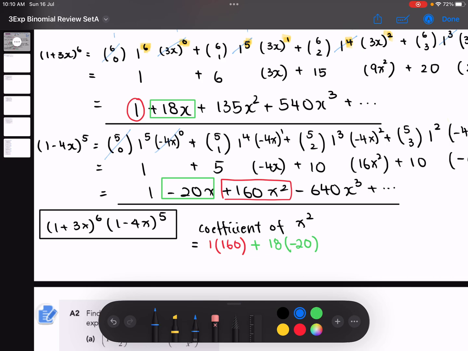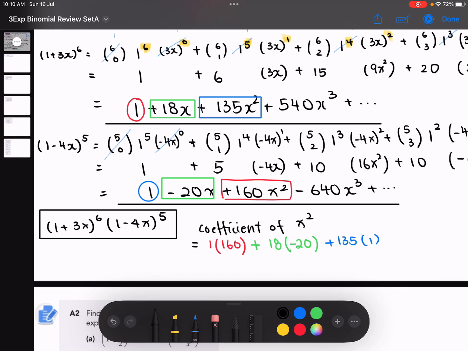Continue. If I pick my x squared, notice I am boxing up the sign also. I need to know whether the sign in front is a plus or a minus. If I'm choosing x squared term, I will be partnering it with the 1 from my constant term from the second expansion. So this one, I will be 135 times 1. X cubed no more.